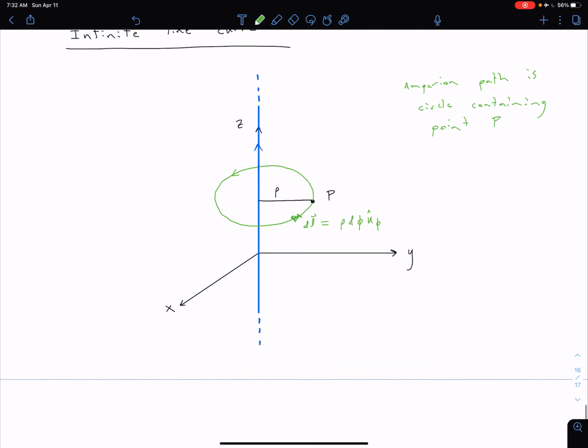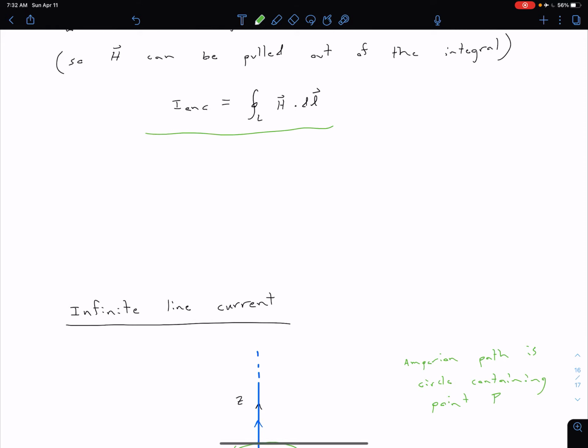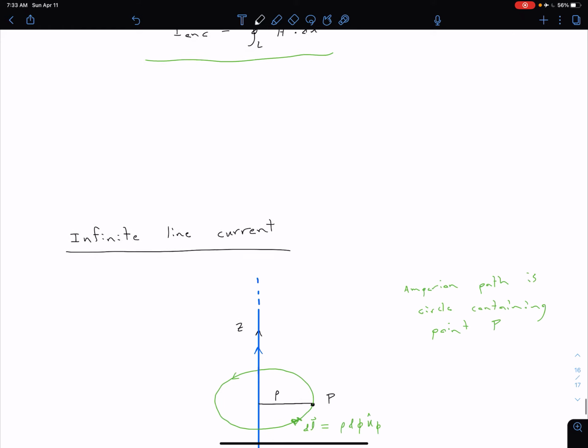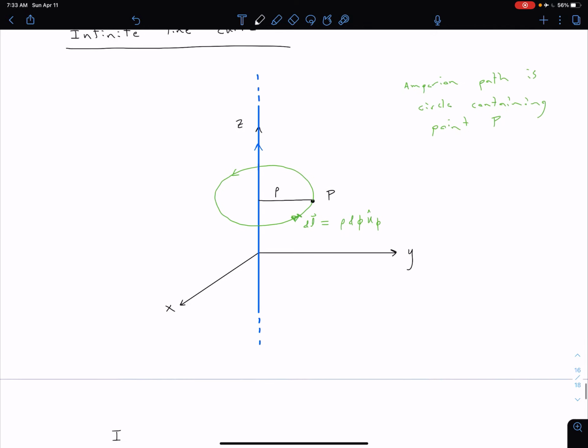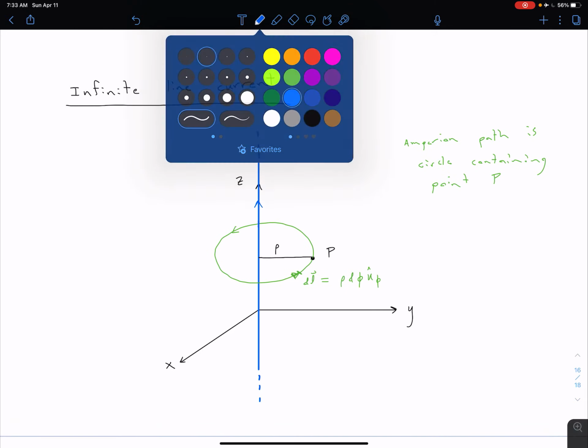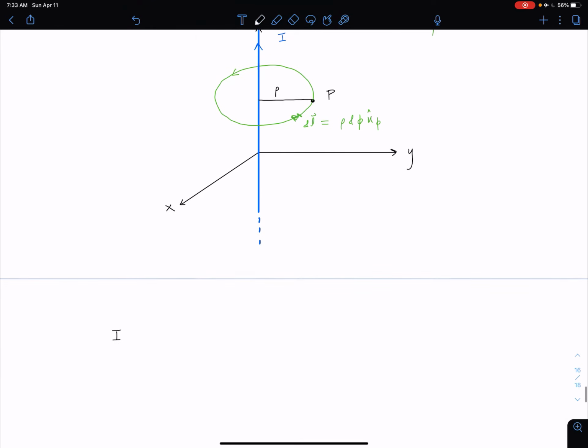Now that we have that dl expression, we're going to come back to this general equation up here, which was our integral form of Maxwell's third equation. We have some current enclosed, which is just a general I, so let me come back up here briefly and say this is some current I, so we're going to keep it general. Our current enclosed in that circle is of course I, and now we have the integral along the closed path L of H in our phi direction.